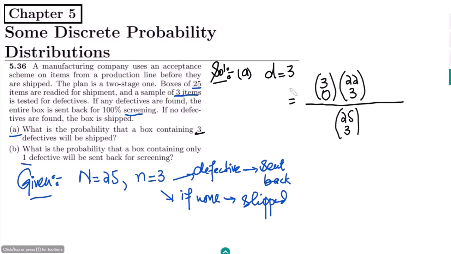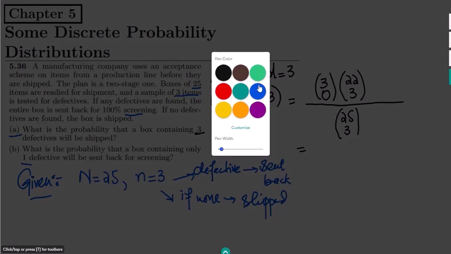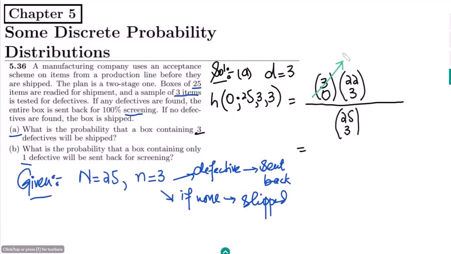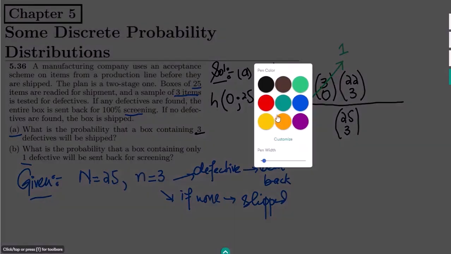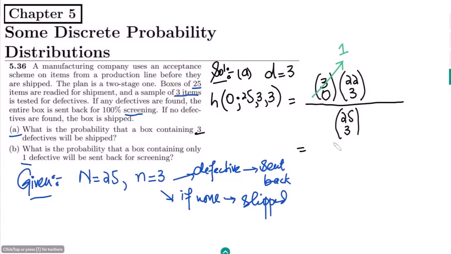So this is basically the formulation of the problem for part A, and this is h(0; 3, 25, 3) with K also 3. From it I have to select all this. So let me solve it, and this would become 1. Let me write the other important stuff.